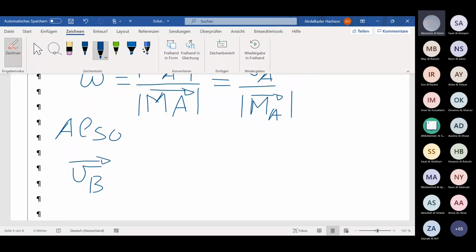Then we have VB, it's only Vm, where Vm is equal to 0, plus omega as magnitude multiplied by the distance MB.